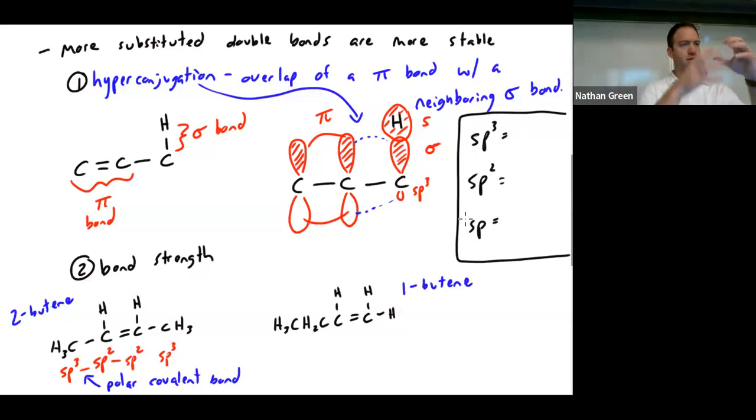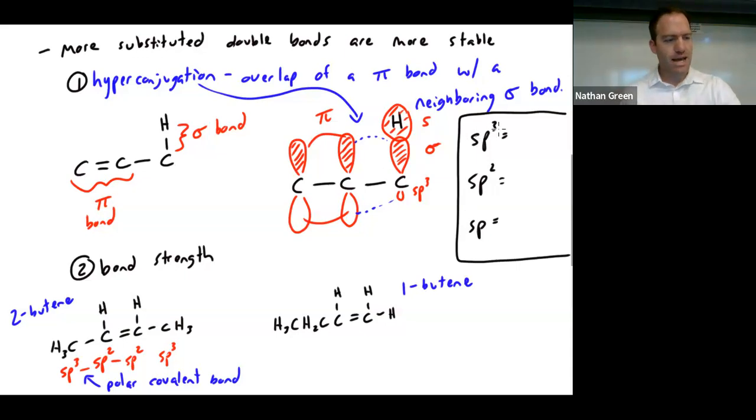So if this is the nucleus of the carbon, you want to be in a sphere surrounding that carbon. S orbital is the bee's knees. That's a place to be. A p orbital is not as great, right? Because a p orbital, you're above or below, but you're not right where you want to be. So the more S character that you have, the more S-like you are, the more closely held you are to the nucleus.